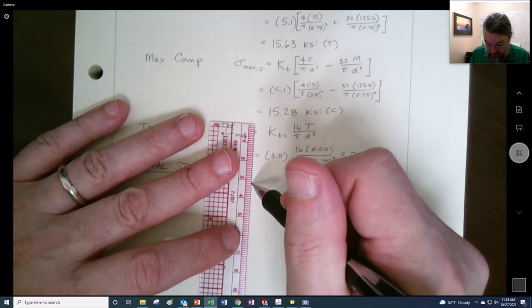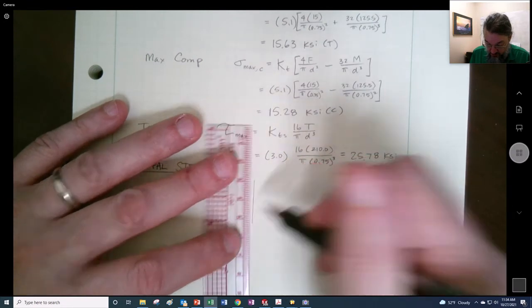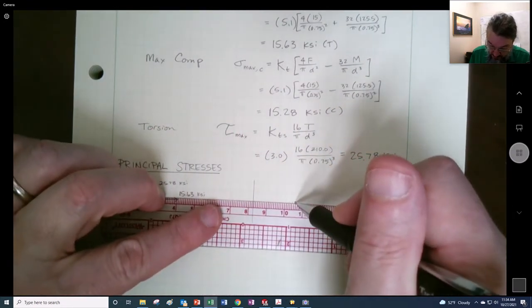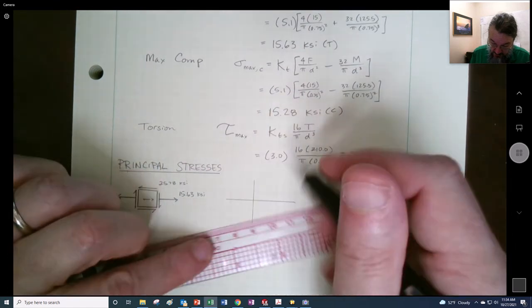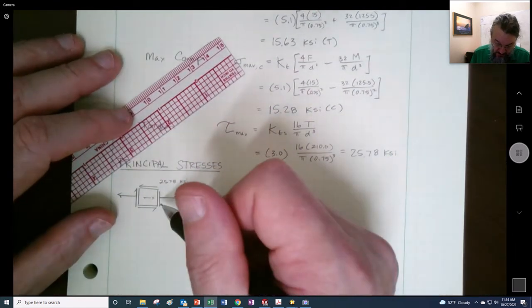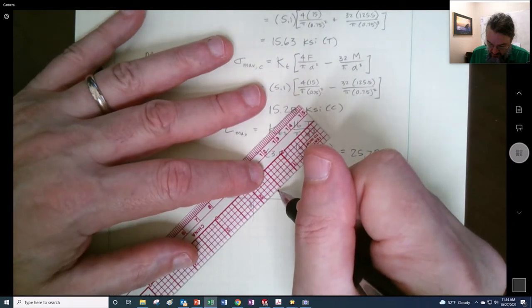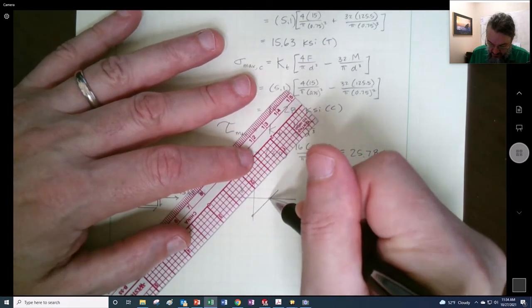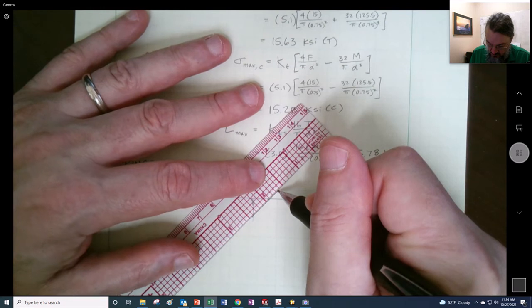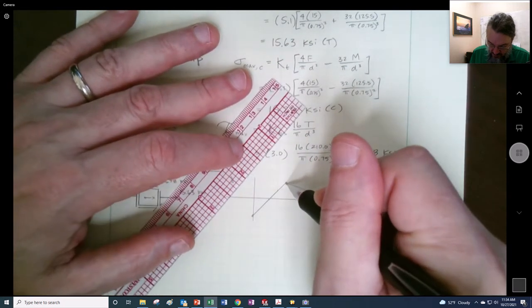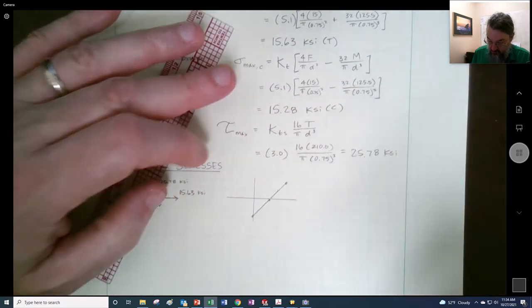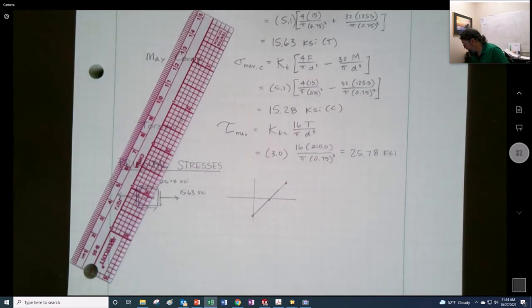So in my miniature Mohr's circle, which I'm really just using as a mnemonic, it's going to look something like this. It's just a way to remember. I guess it's mnemonic then, isn't it? That's what mnemonic is. And here's Mr. Laziness.